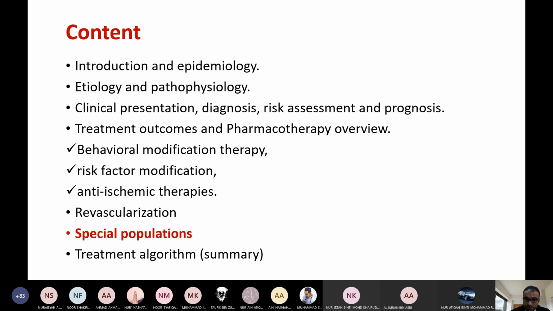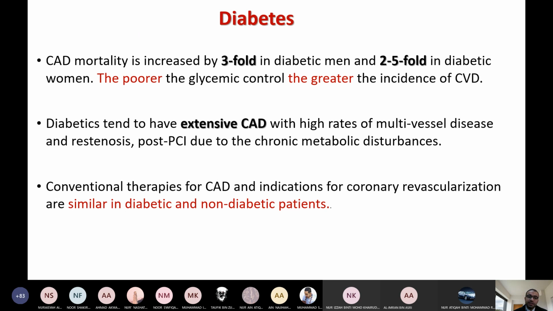Is the special population. In special populations, stable coronary artery disease can happen in patients with common comorbid conditions. One of the common comorbid conditions, of course, is diabetes.